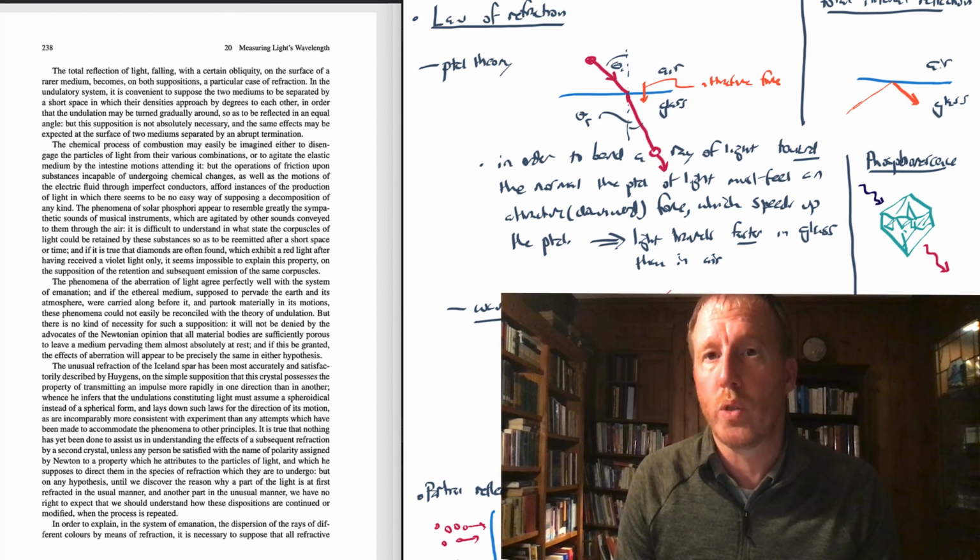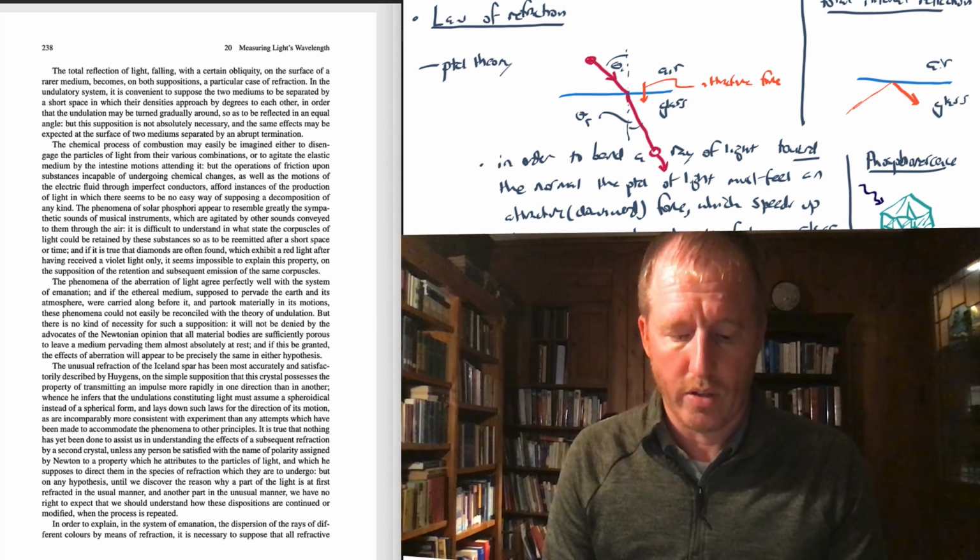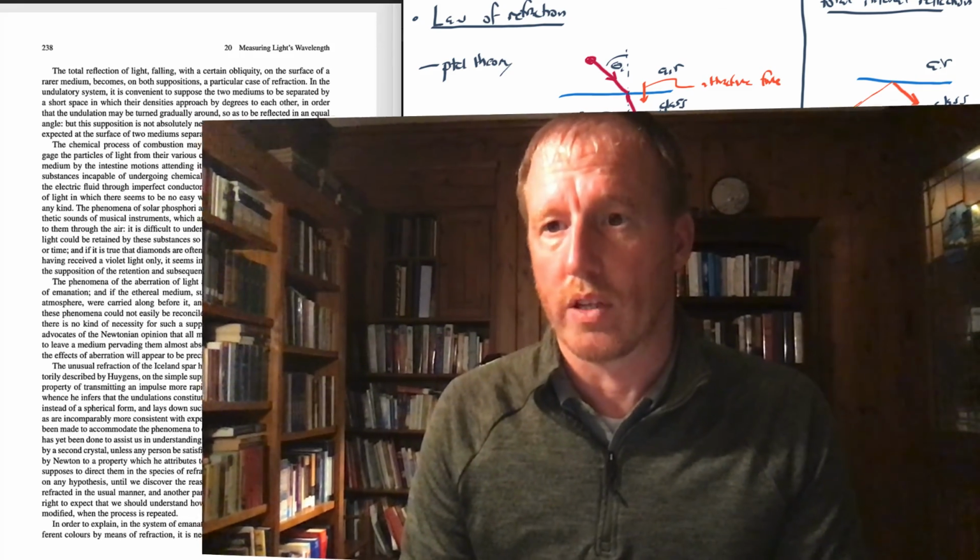So he's alluding to sympathetic resonance to account for this, but he doesn't provide any details. So I find this to be a little bit less convincing than some of his other arguments. Okay, I'm going to have to stop here because I'm out of room, and I'll pick this up next time when I can clear some space.